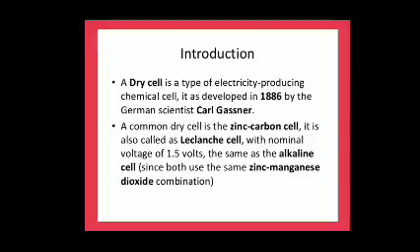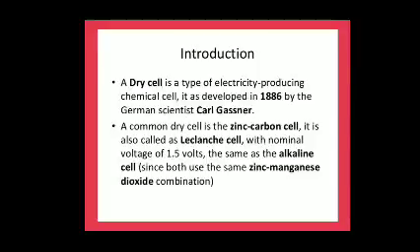A number of cells combined together form a battery. A battery formed by a number of cells arranged in series. That battery is one of the dry cells, which converts chemical energy into electrical energy.